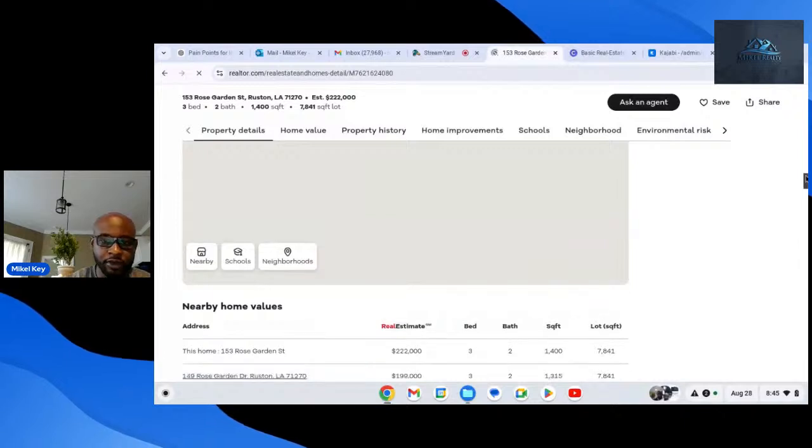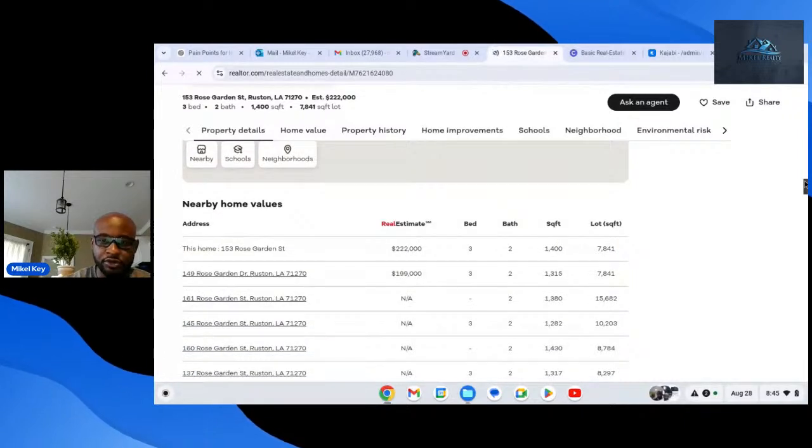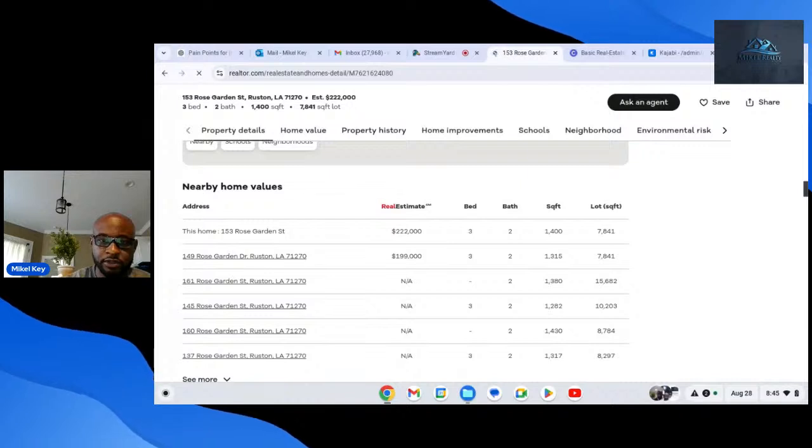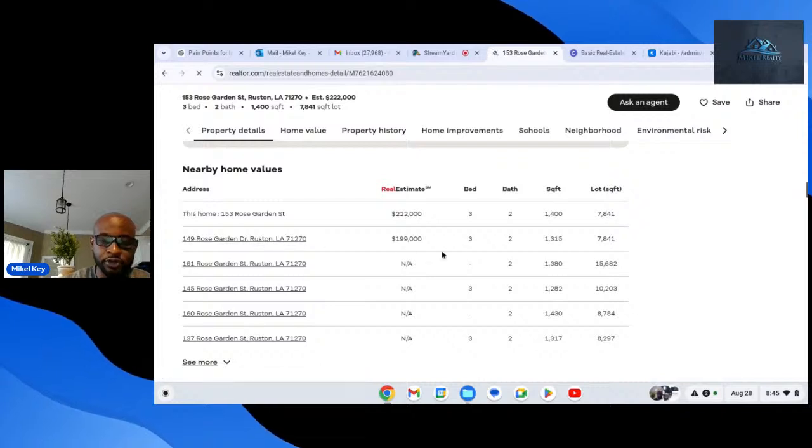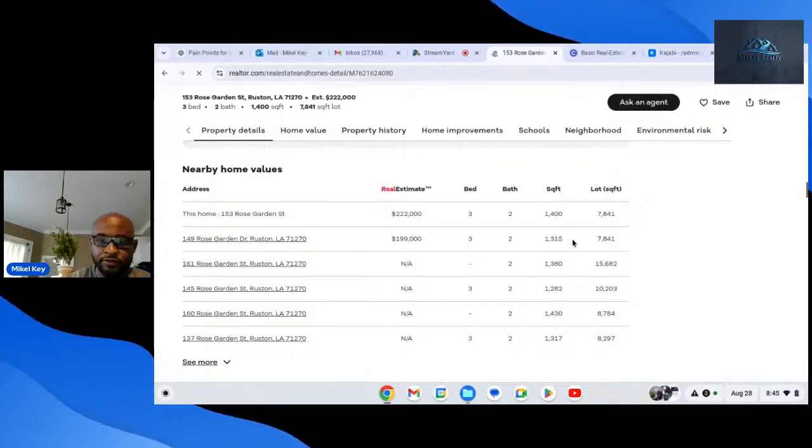So if you play around with the data, it gives you all kinds of data. It also gives you comps for your area. As you can see, 149 Rose Garden, 3-bedroom, 2-bath, 1,315 square feet.